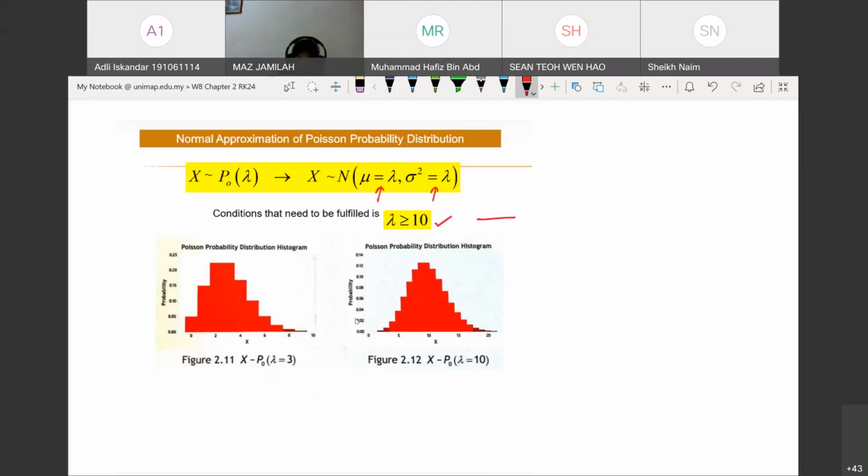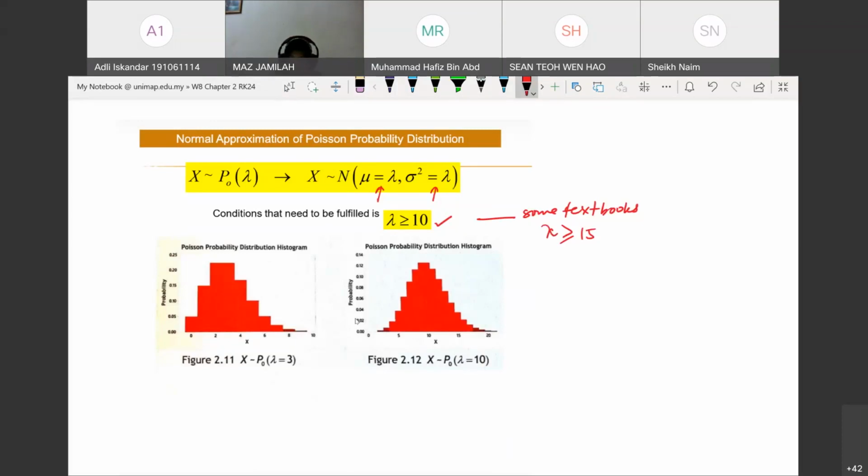Some textbooks say lambda can be greater than or equal to 50. It depends. But in our case, we apply it if lambda is equal to or greater than 10, then you can start doing the approximation using normal.